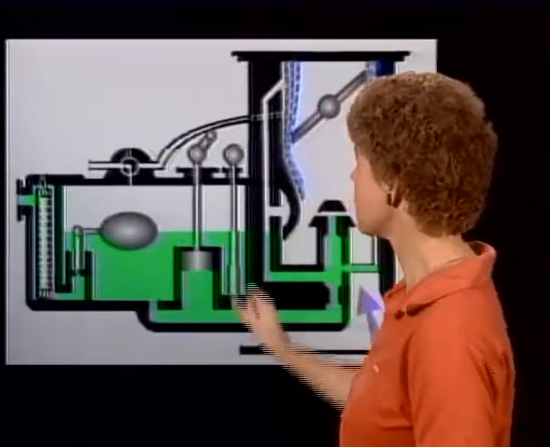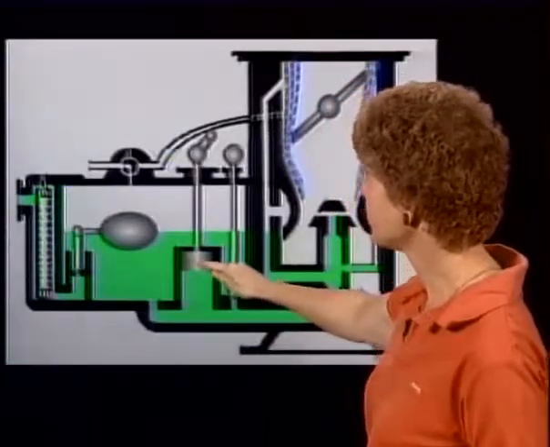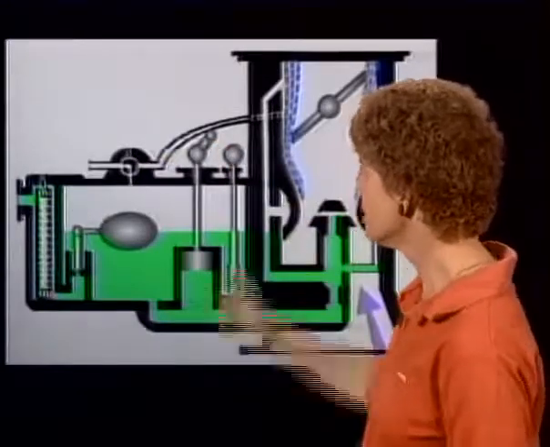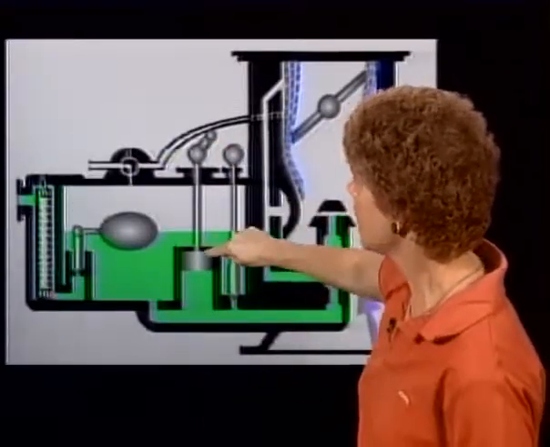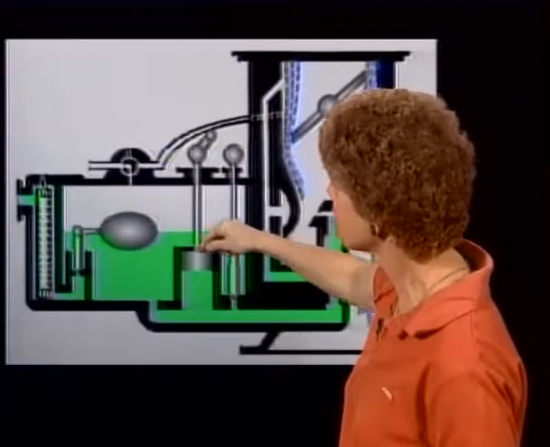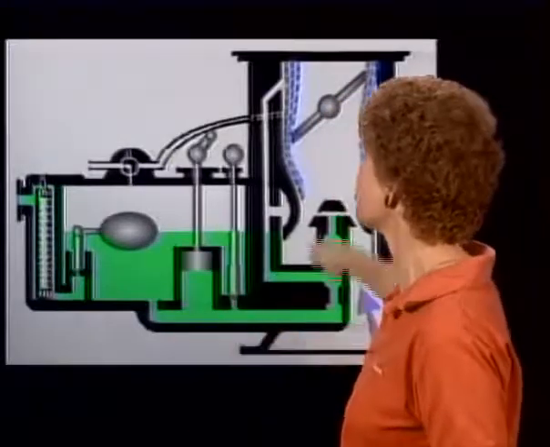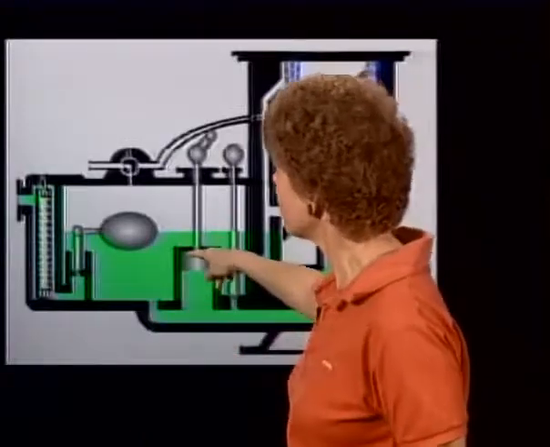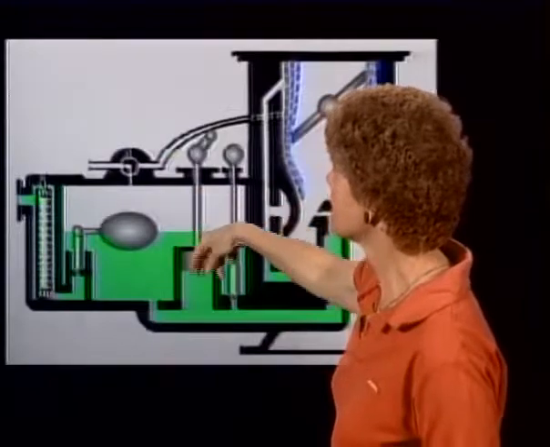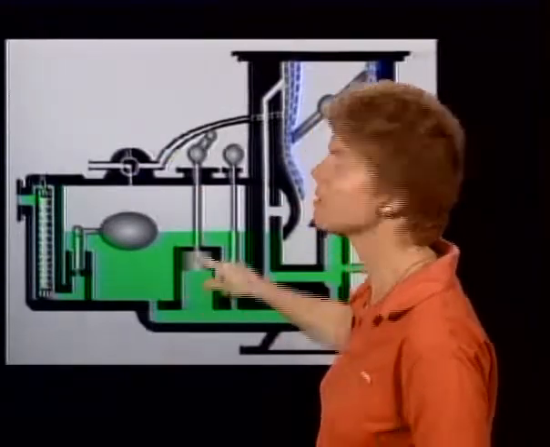So if you take a look at our float-type carburetor schematic, what you find is that the accelerator pump is located right here. It's basically a piston that is activated when you put the throttle forward, and that piston, when it moves rapidly, as it does when you make a rapid throttle movement, will shove the fuel out in front of it, and it will momentarily enrich the mixture. When you put the throttle forward very slowly, that piston will move slowly and the fuel will just kind of ooze by it and fill in behind it.